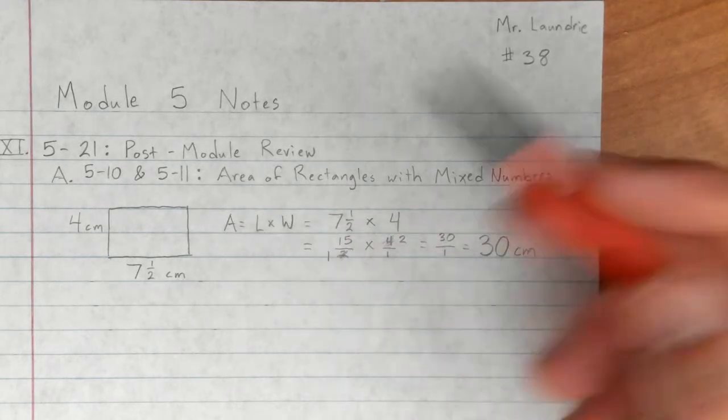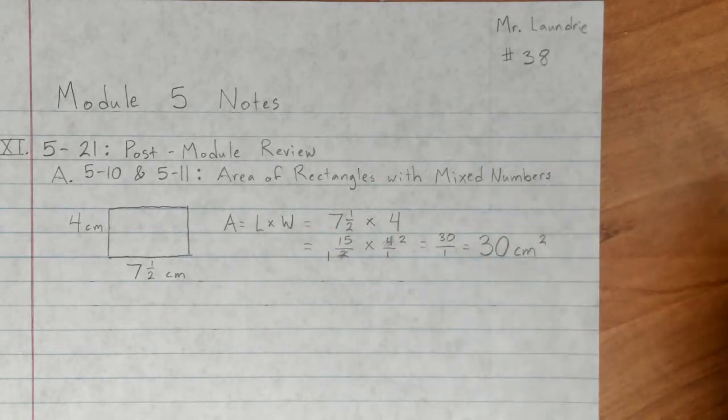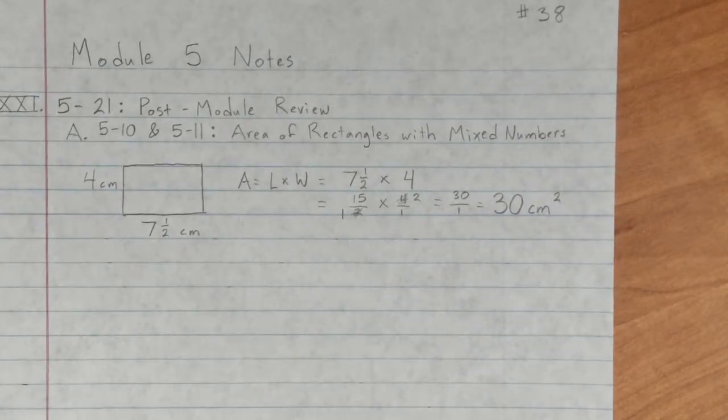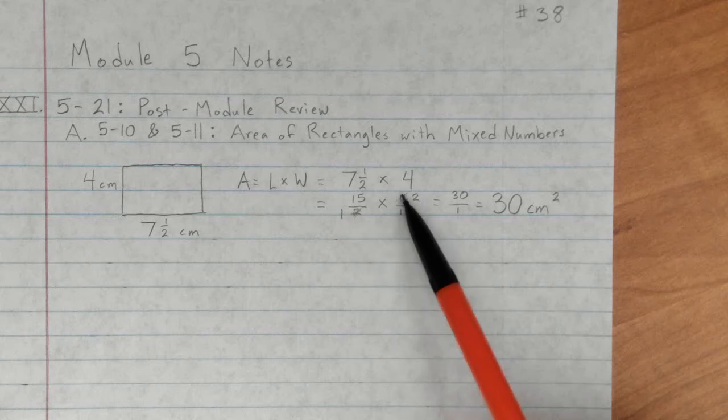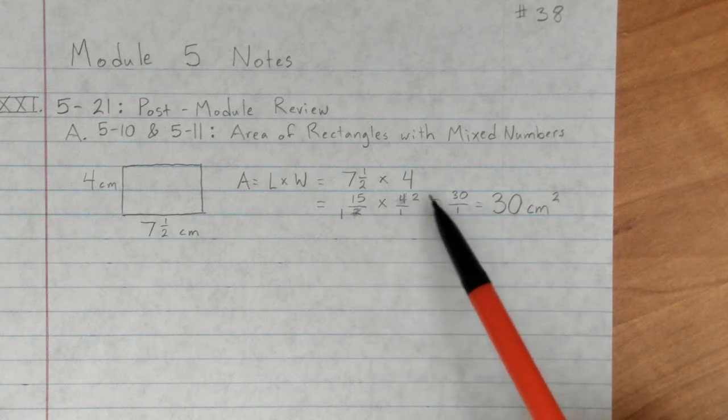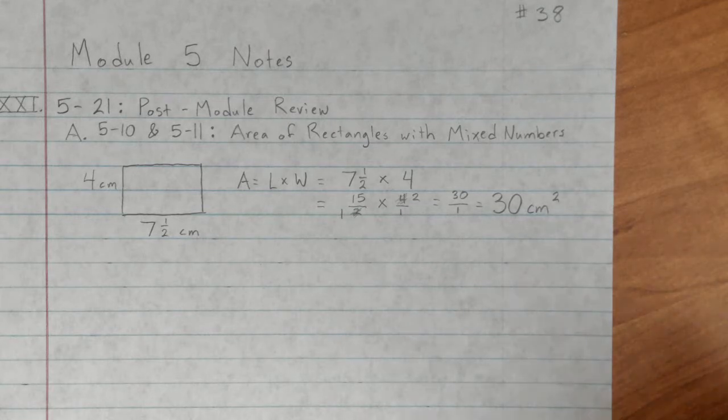Dealing with area means they're centimeters squared. Square units, square centimeters. Again, if I had multiplied 15 times 4, I would have gotten 60. 2 times 1 is 2. 60 divided by 2 is 30. I would have gotten the same thing.